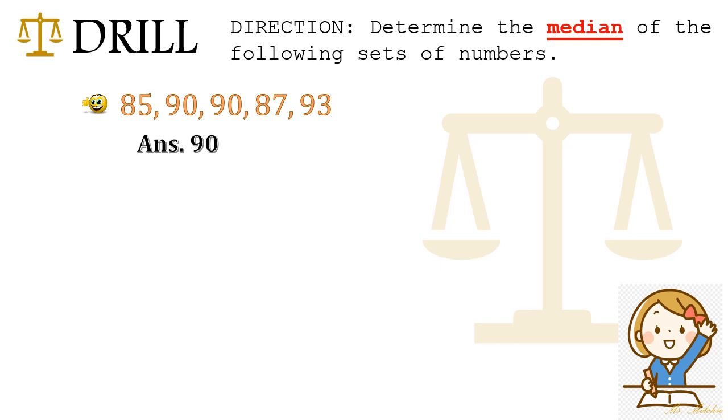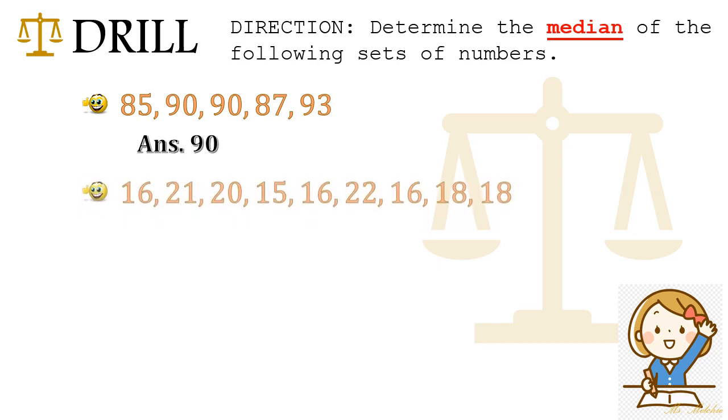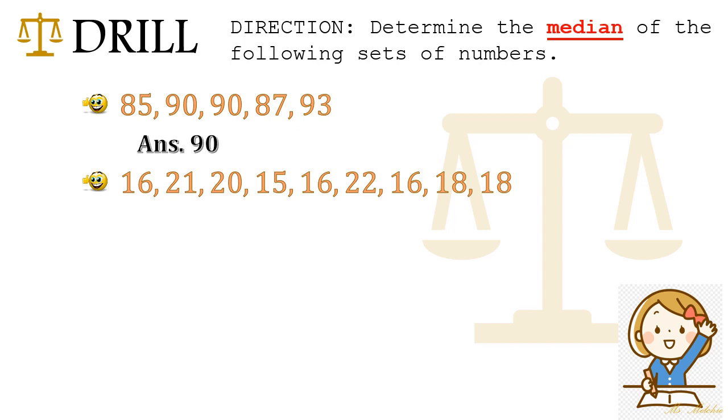What if we have a given set of data like this one, where we have a lot: 2, 4, 6, 8, 9? What do you think is the best way to easily identify which position represents the median of the set of data? You may use this formula. Since we have 9 scores, just simply add 1 and divide by 2.